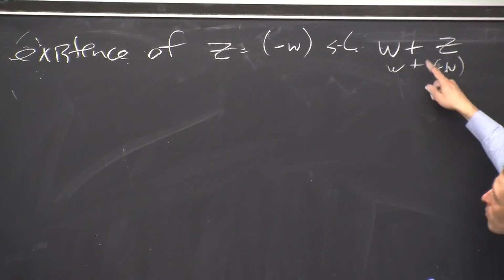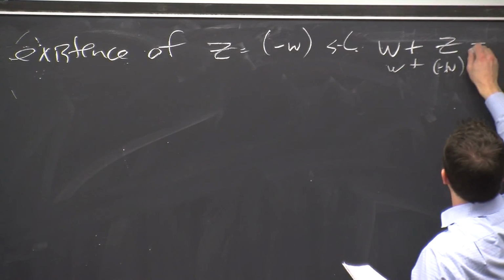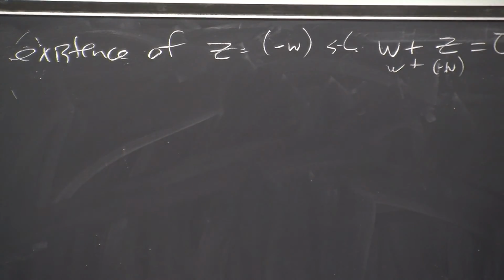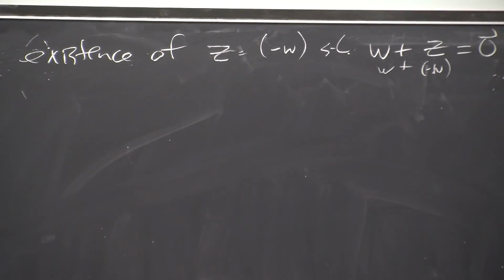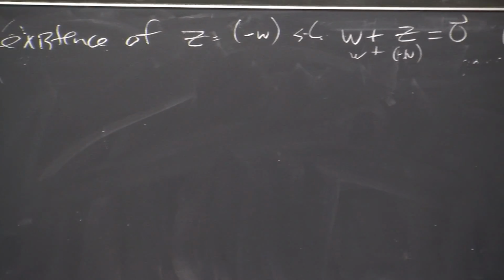Okay? But at this point, we don't need its uniqueness. We just need its existence, such that W plus Z is equal to the 0 vector in the vector space. That's the additive inverse property. And let's give that equation another number, number 2.